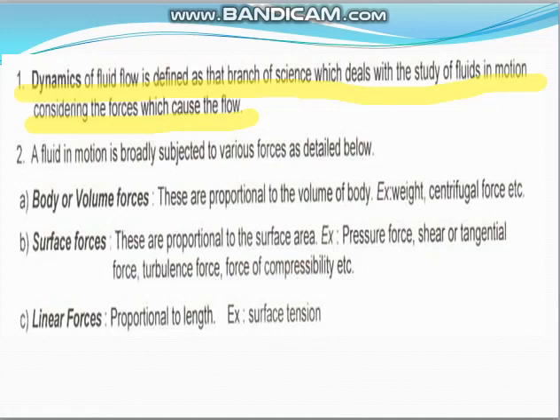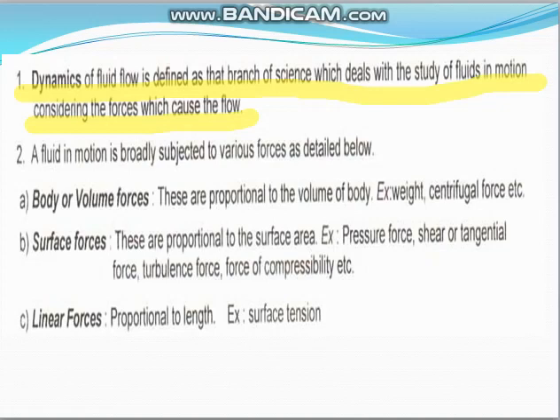See, in kinematics, without consideration of forces, the velocity and acceleration at a particular point in a fluid flow is determined. Here, we are considering the forces in motion.